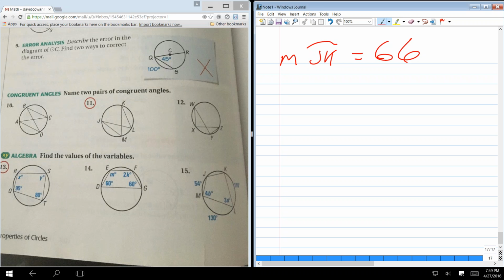Well, 3A subtends which arc? MKL. Not MKL. Go to angle L. Go to the ends of its two rays. Every angle is made up of two rays. So it'd just be KLM then.